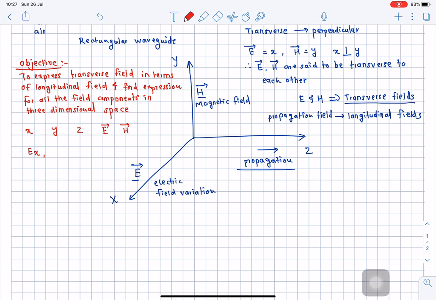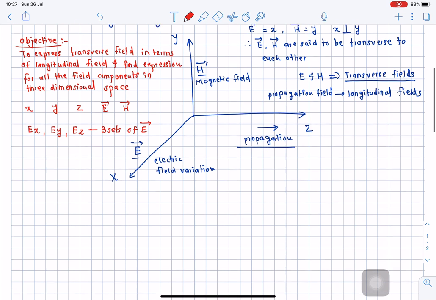The electric field can also exist along the y direction, given as Ey, and similarly along the z direction, Ez. So we get three sets of electric field: along the x-axis, the y-axis, and the z-axis.